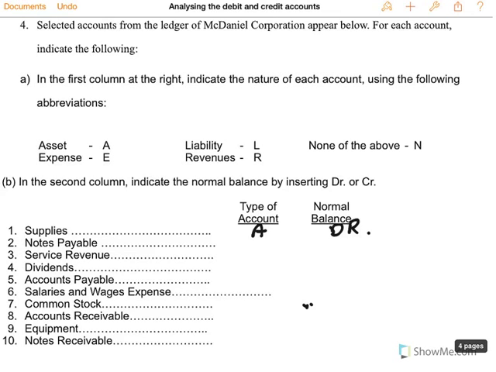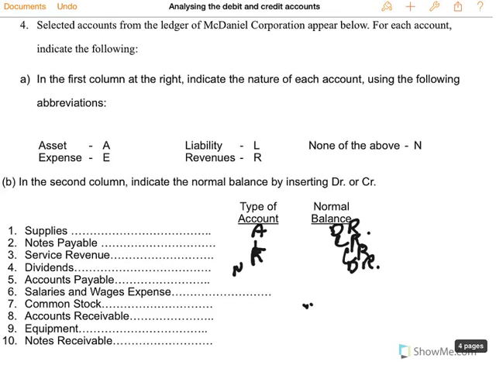Notes payable is a liability account, and the normal balance is a credit. Service revenue is a revenue account, and the normal balance is a credit. Dividends has none of the above, so we put N for dividends, and it normally has a debit balance.